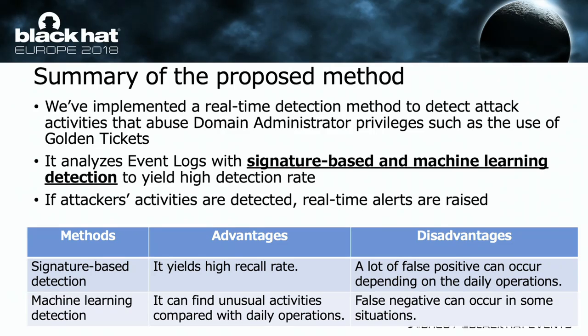Signature-based detection can yield a high recall rate by using several signatures. But on the other hand, false positives can occur depending on daily operations. So our tool reanalyzes the logs using machine learning in order to reduce the false positive rate by comparing logs with daily operations.